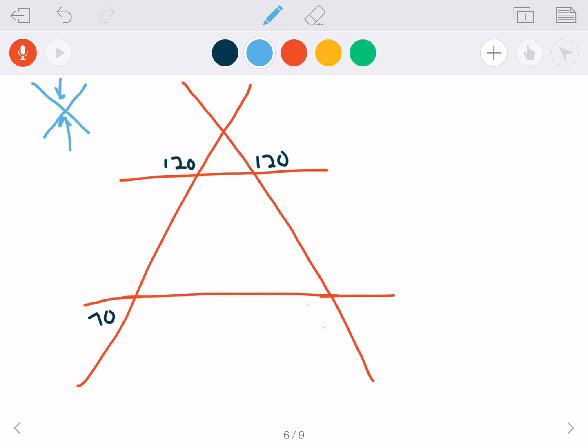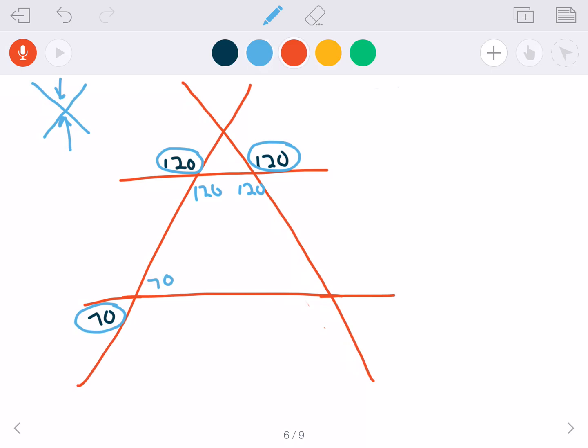So if I know that this angle here is 120, that means this one is 120. Same thing here, if this one's 120, this one's also 120. If I have 70 here, 70 is going to go here. All right, so I have kind of filled in the easy stuff.